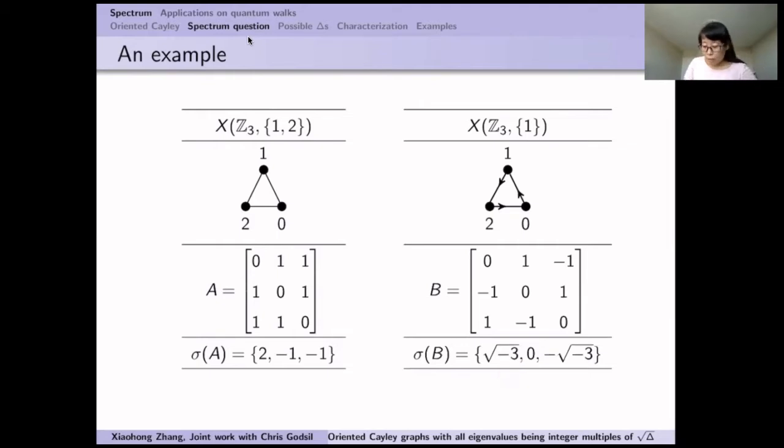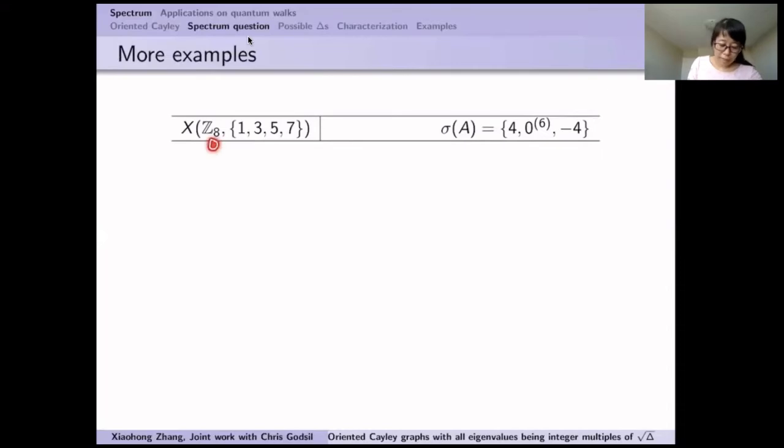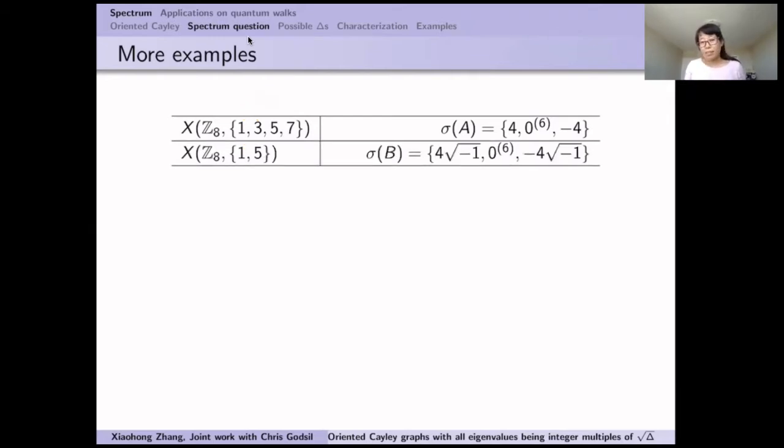Let's check more examples. So the cyclic group of order 8. This is an equivalent class. They are all generators of the group. Again, negative pairs show up together. For each pair, by the Bridges-Mena result, we know all the eigenvalues are integers. So for each negative pair, we can take at most one of them. If we take 1 and 5, it works.